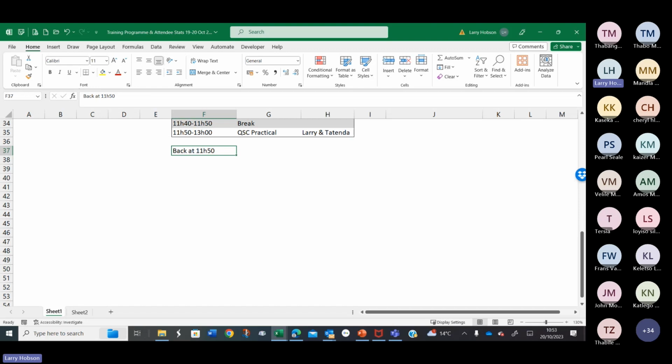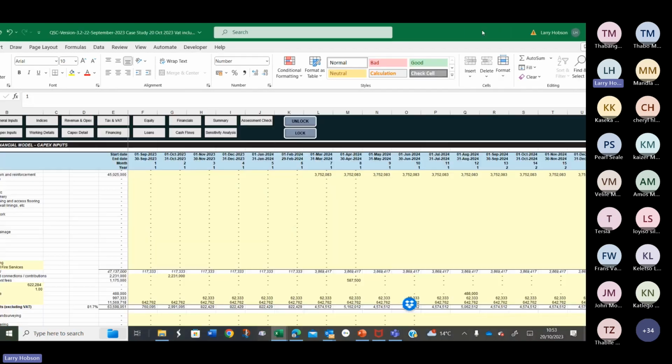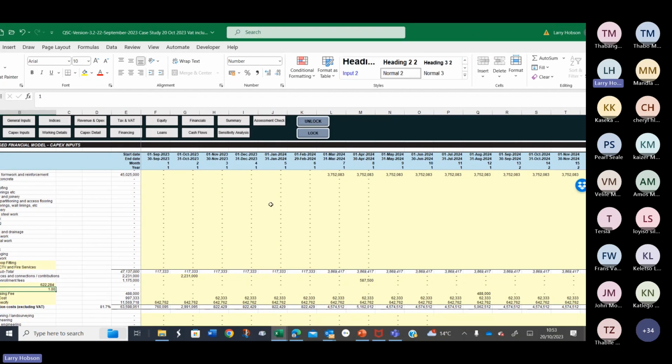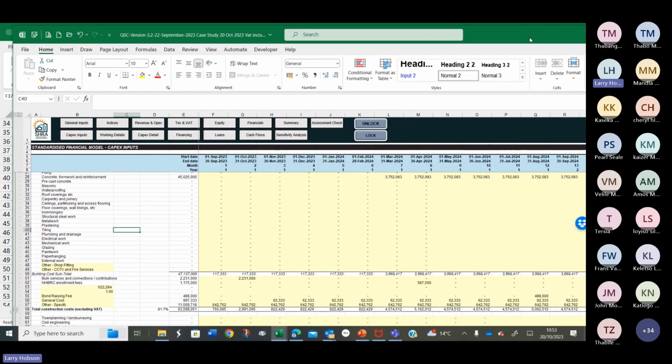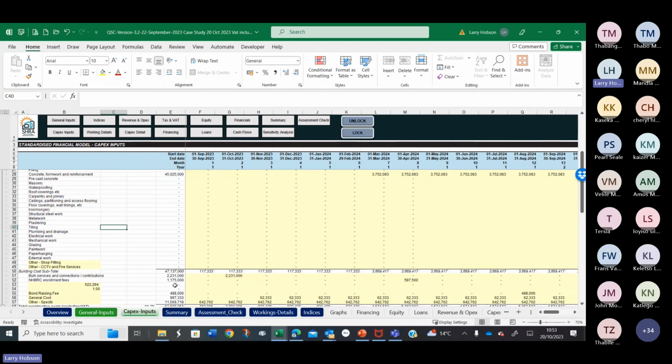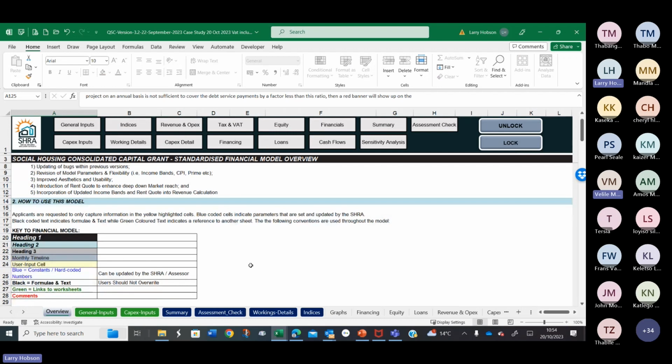Well, it's just numbers, but it's real live on QuickScan C. Tatenda and I have been polishing up a few things on it in the break, and I'm happy to say that the model seems to be back in shape like it was. We had a bit of a wobble because of the latest version, but we've managed to rescue it at the last minute. So we are back on board.